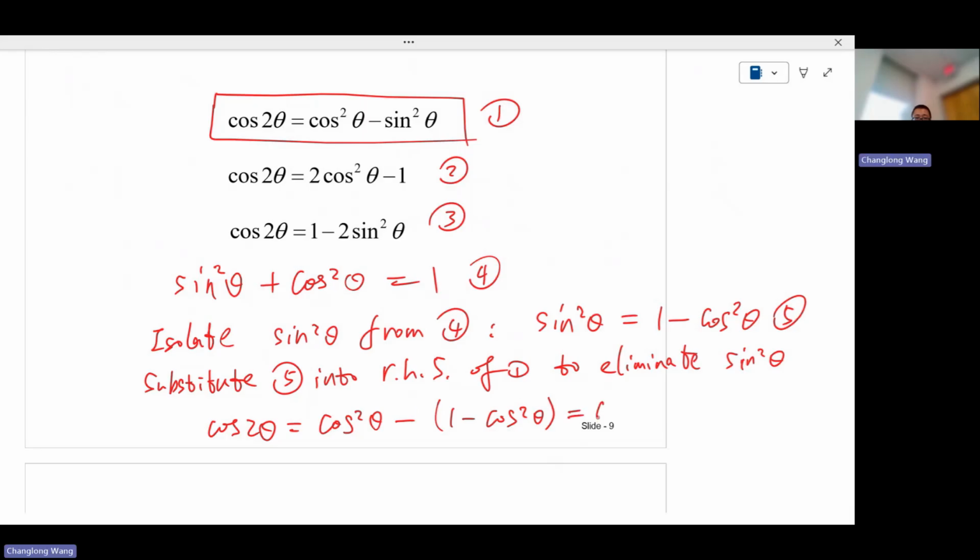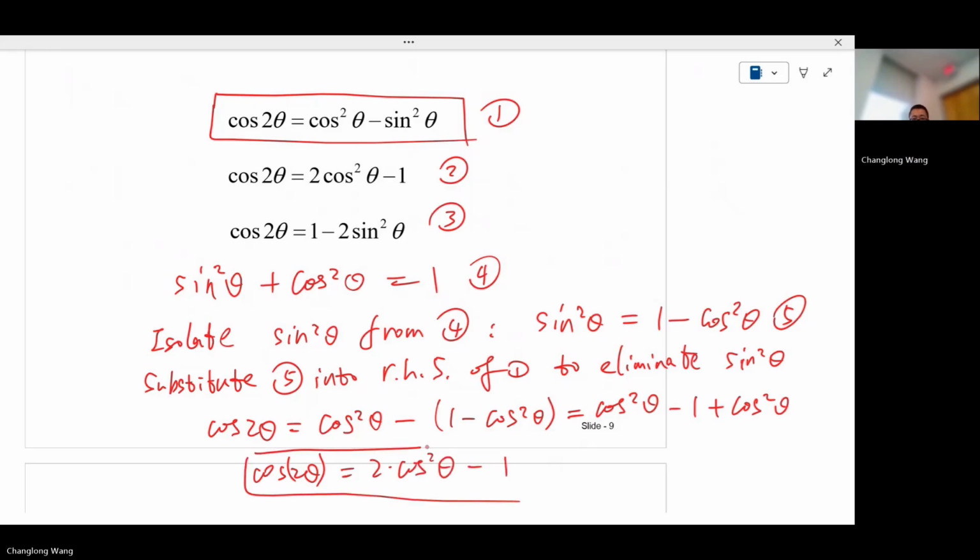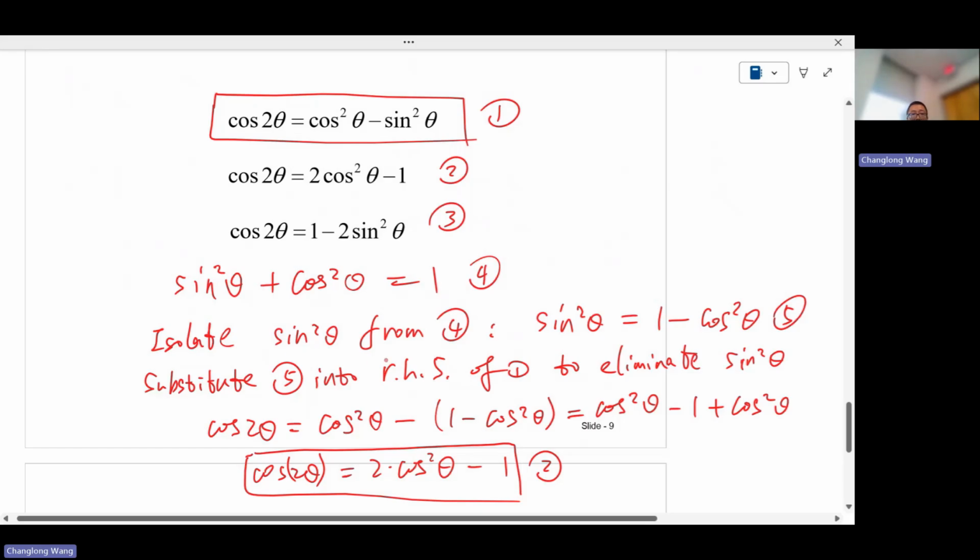It'll be cosine square theta minus 1, plus cosine square theta, right? And therefore, we have proved cosine 2 theta can also take the form of 2 times cosine square theta minus 1. Okay, so that's literally what the second identity looks like.